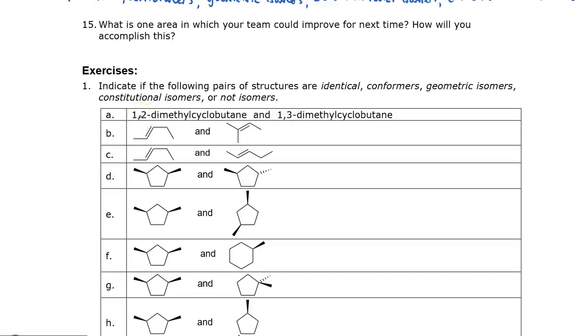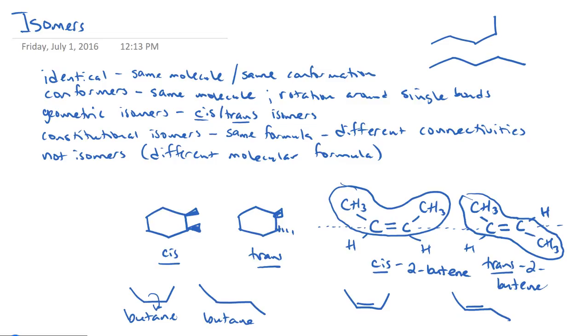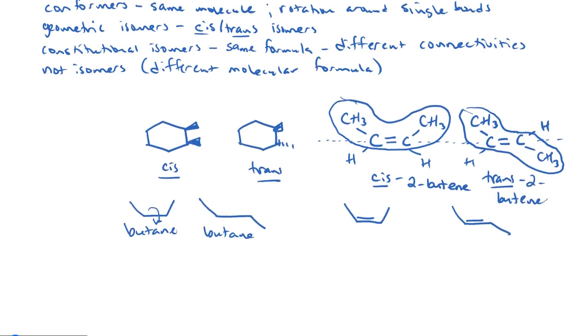So if you are stuck at determining what they are, try to name them. If they both come up with the same name, then they have to be either identical or conformers, because those are the same molecule. If they come up only different in cis or trans, you've defined geometric. And if they have, let's say, a different base name, then they're constitutional, or different branching, constitutional. So that's a hint. You can figure it out just by looking.